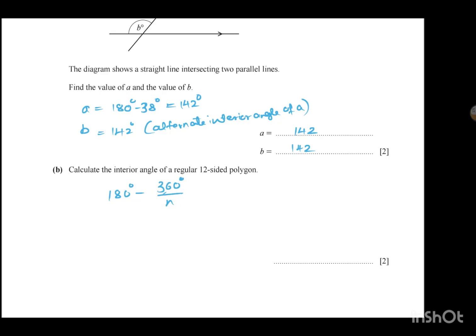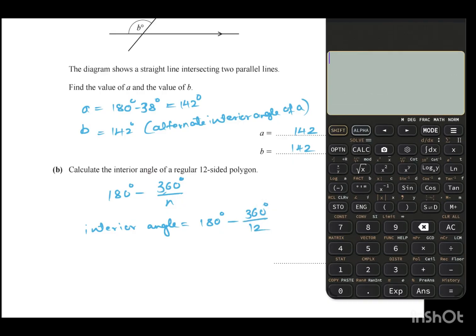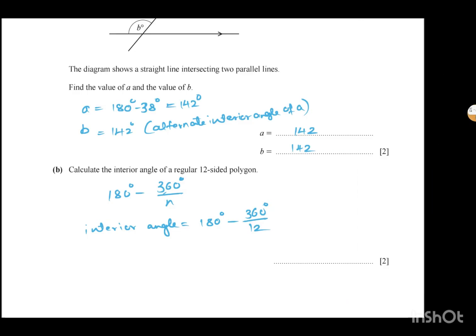So here also we can find out the interior angle, which is equal to 180 minus 360 by 12. 180 minus 360 by 12 is 150. So each interior angle is 150 degrees. Question number B is done.